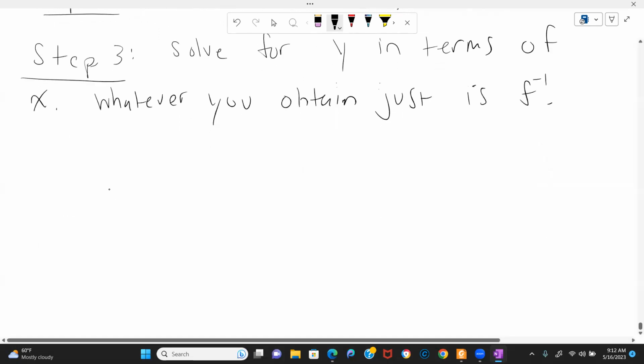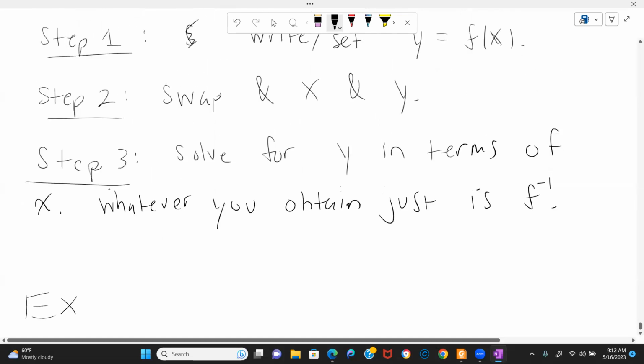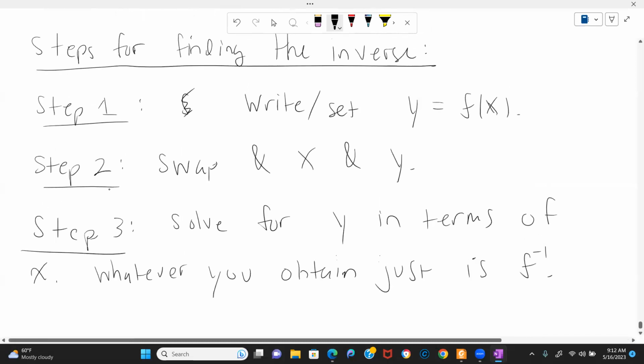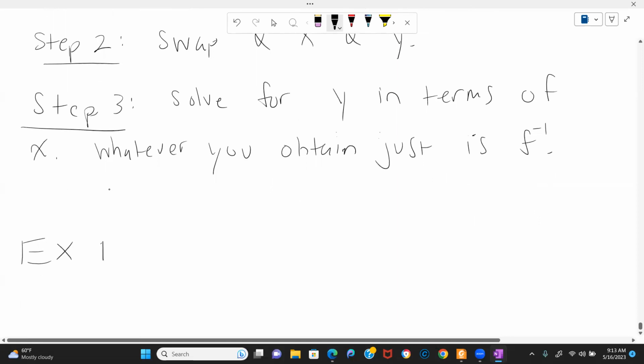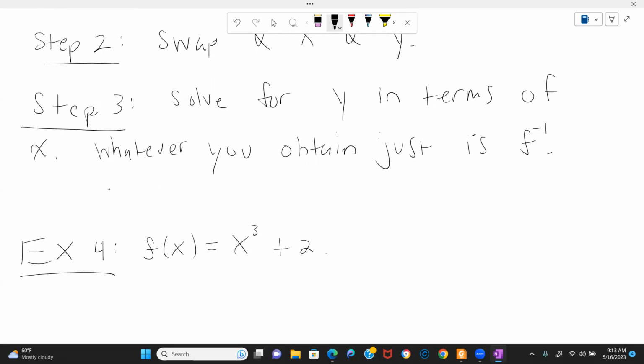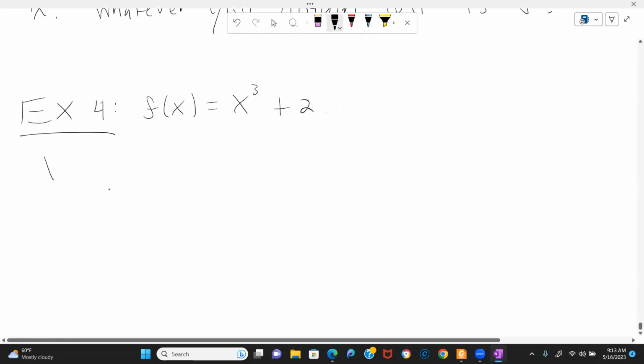So let's look at an example of how to use these three steps. You can pause if you want to write those down. All right, so example 4. We have f of x is equal to x cubed plus 2. According to the steps, we write y is equal to x cubed plus 2. Then we swap x and y, so we have x is equal to y cubed plus 2.